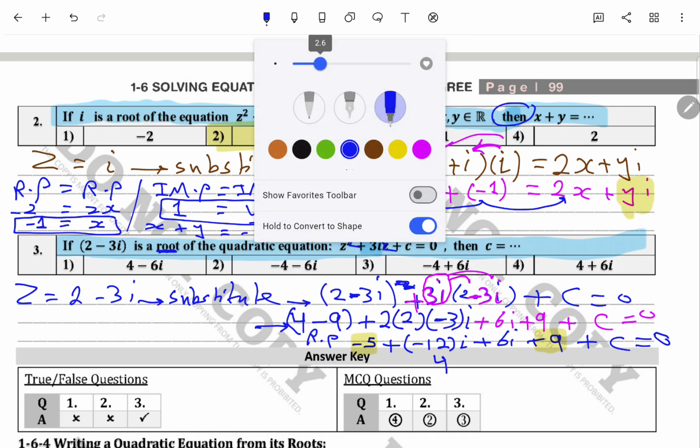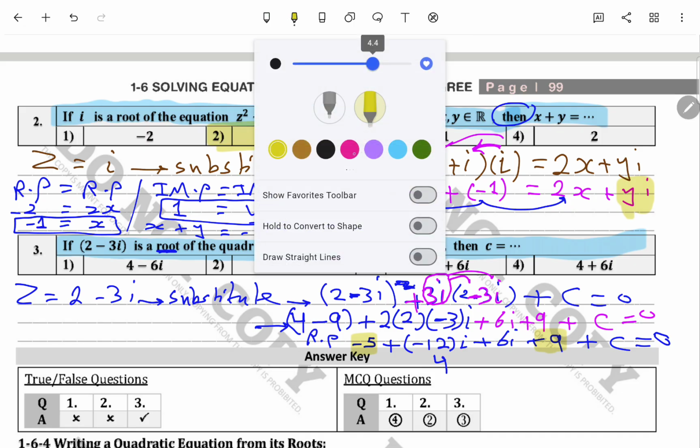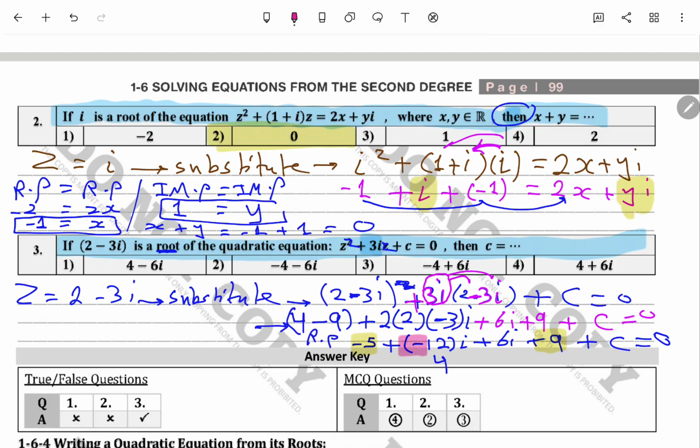Then let's add the imaginary parts together. Negative 4i and negative 12i and positive 6i will give you negative 6i, and that all plus c equals 0.